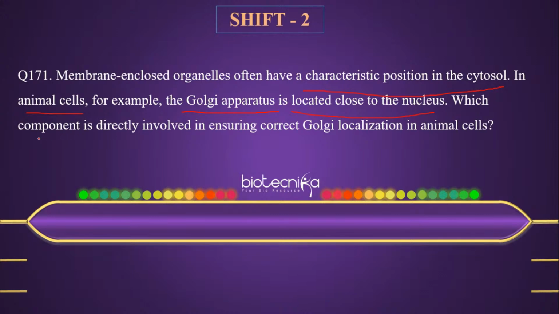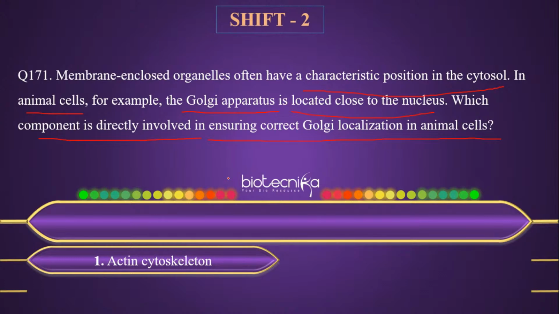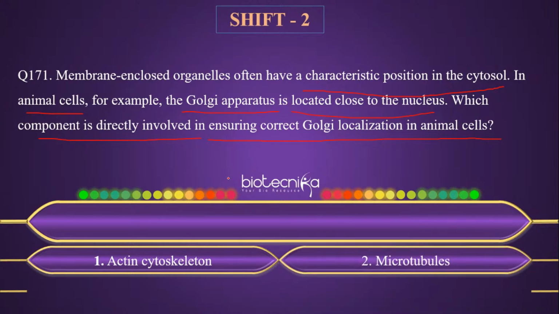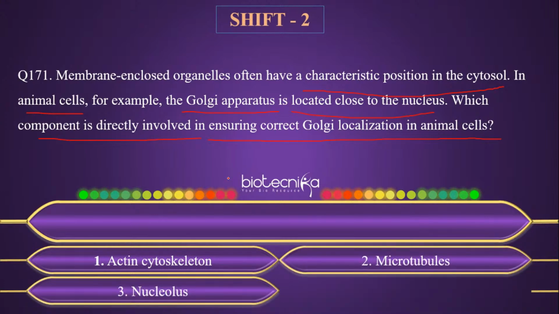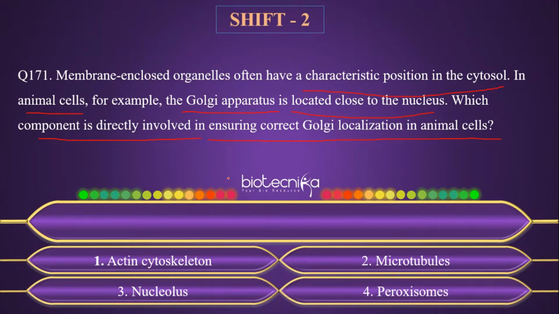Which component is directly involved in ensuring correct Golgi localization in animal cells? You have got actin skeleton, microtubules, nucleolus, peroxisomes. I hope you might have given the answer for this question.